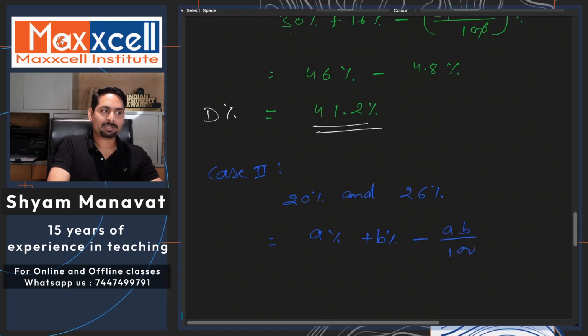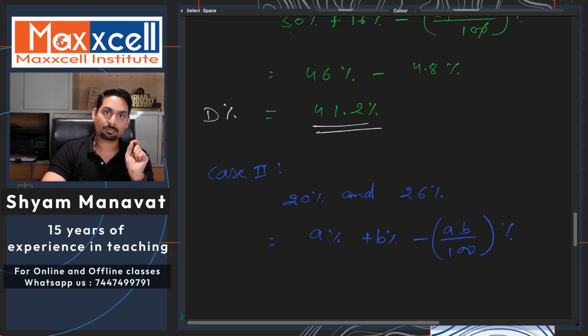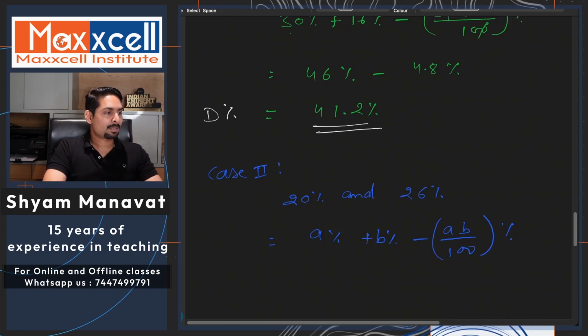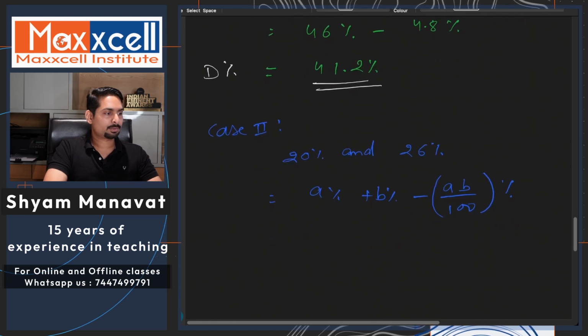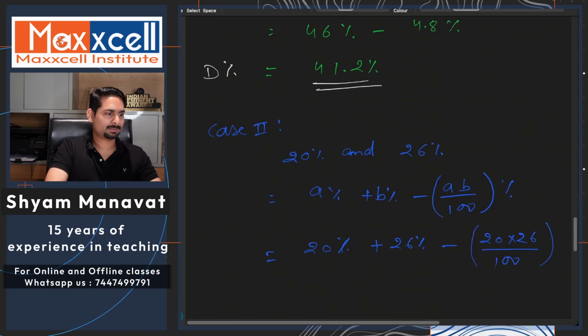You should also be capable of doing this by assuming the mark price to be 100. You should be capable of doing this question that way too. Okay, so 20% plus 26% minus 20 into 26 by 100, with another percent sign.